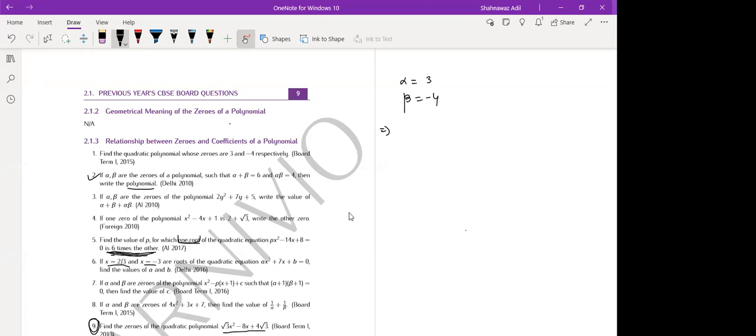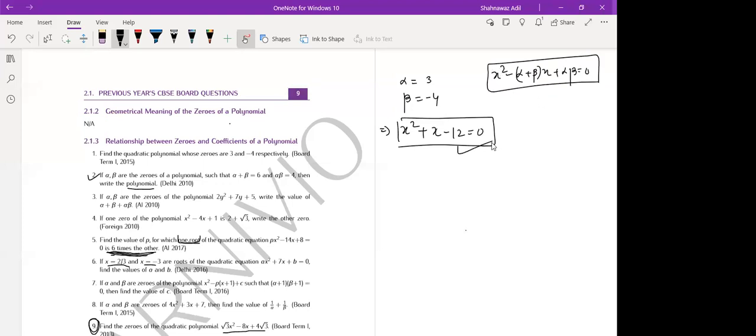Yes, what did you get? Sir, x square plus x plus 12. No, sir, minus 12. Minus 12. Yes, absolutely correct. Right. So we use this relation: x square minus alpha plus beta x, and then alpha into beta. Good. So this is the correct answer.